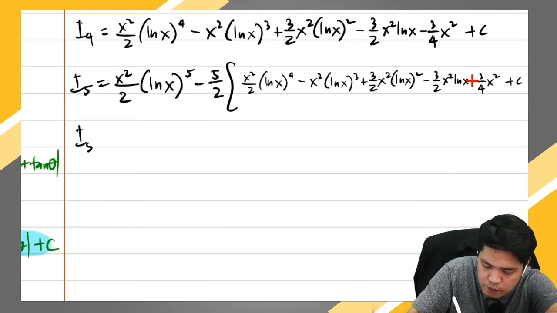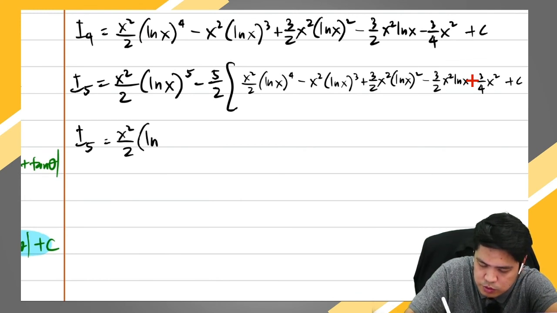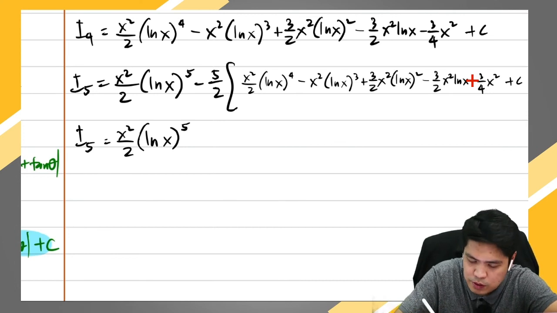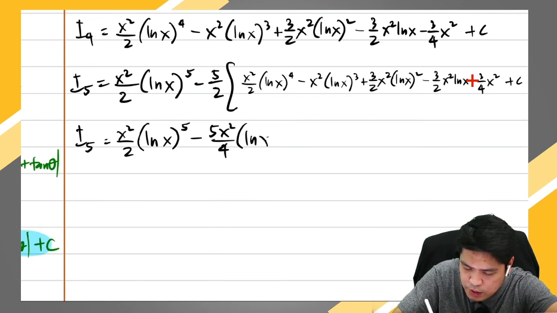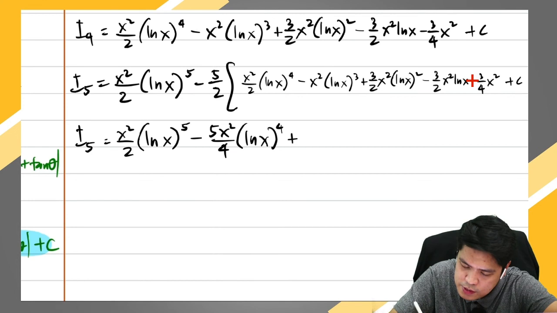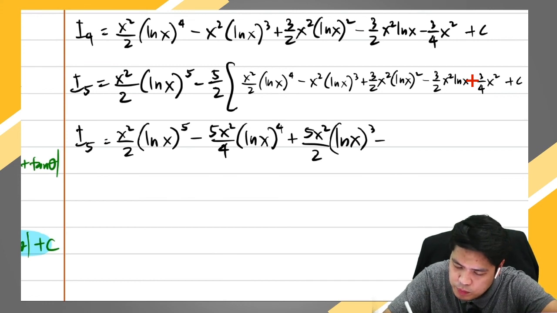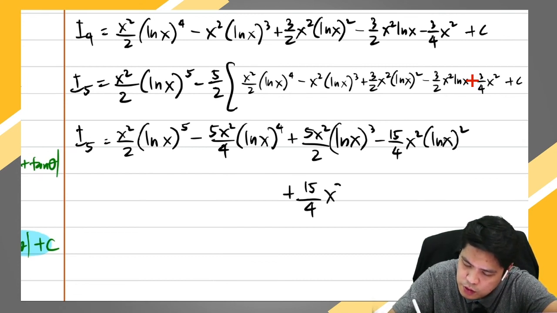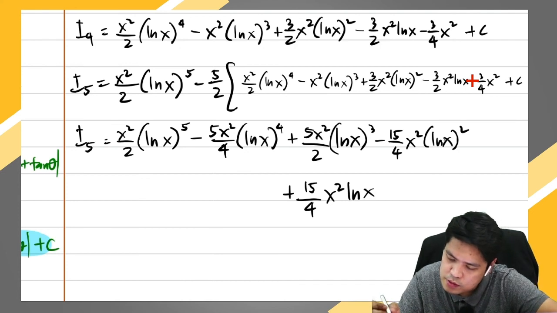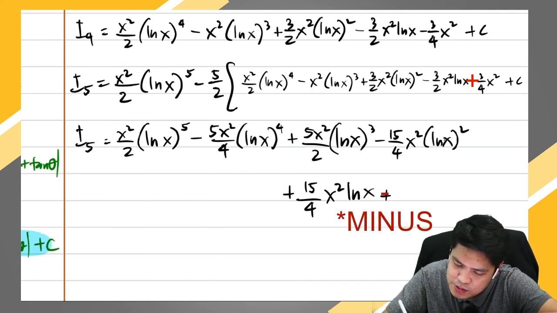So we'll have I sub 5 is equal to x squared over 2 ln x raised to 5, that is if walang error yung mga arithmetic natin, minus 5x squared over 4 ln x raised to 4 plus 5x squared over 2 ln x cubed minus 15 over 4 x squared ln x squared plus 15 over 4 x squared ln x minus 15 over 8 x squared plus c.